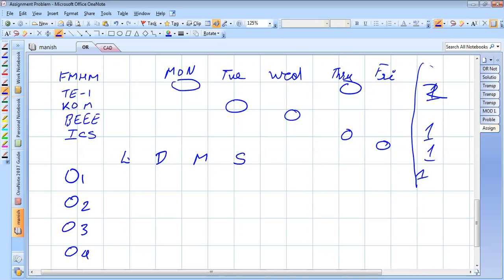So you have a lathe, drill, mill, and shaper. Correct? So these are 4 machines and these are 4 operators.